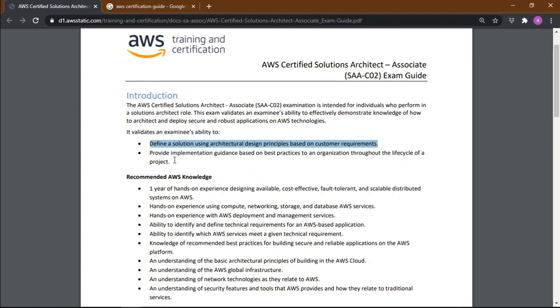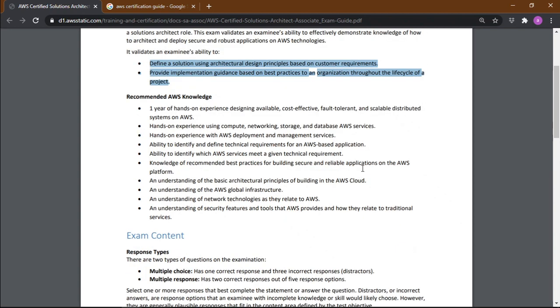This is the entire goal in front of you: your mind has to be able to find solutions to problems related to architectural design, and provide the best implementation way, which can further decrease the implementation or deployment efforts. So this is all about your abilities, what you must possess in order to pass this exam.